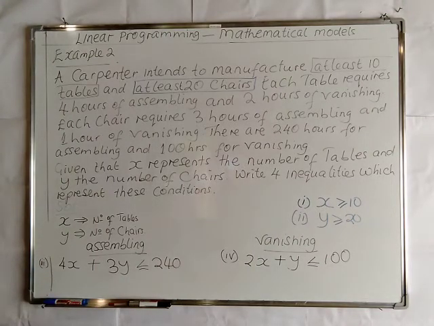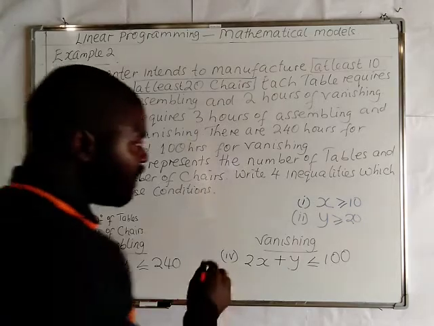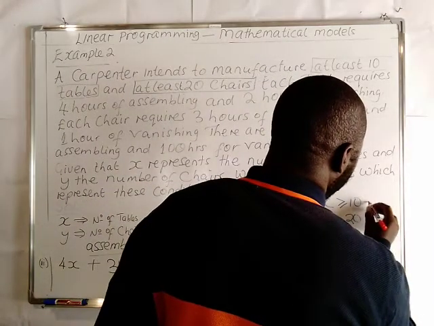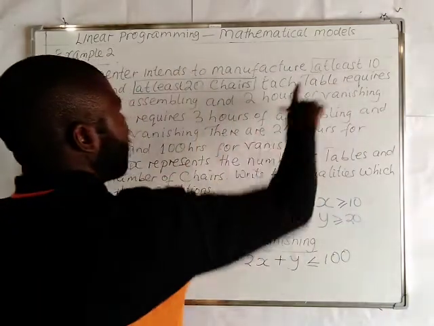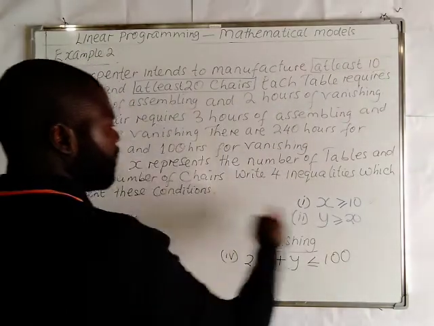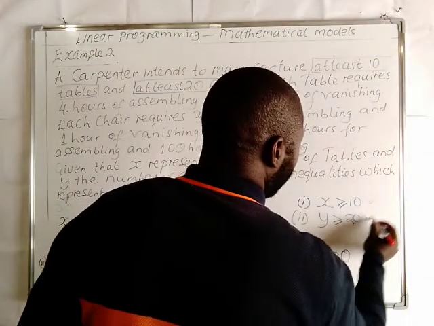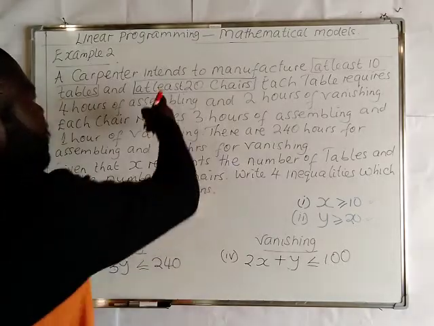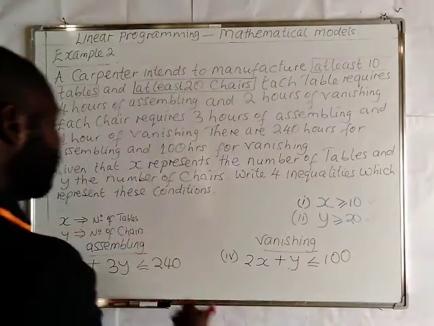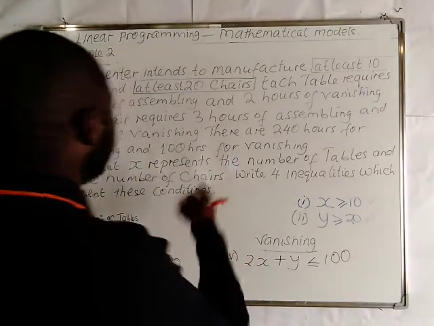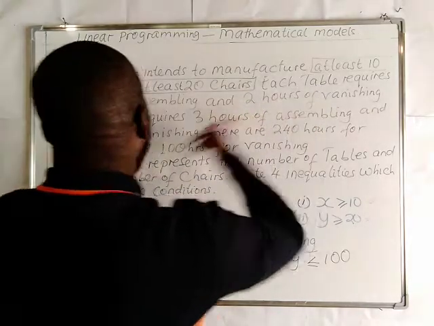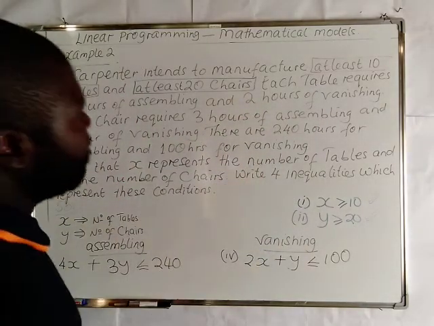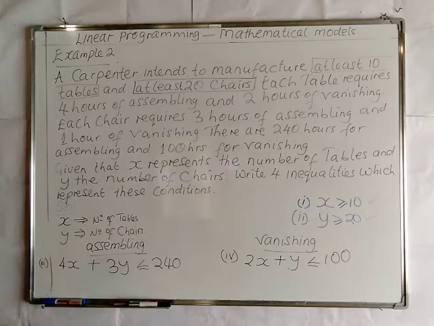So basically, the 4 inequalities are this one coming from at least 10 tables, then the other one coming from at least 20 chairs, then we have these from the statement for assembling and varnishing.